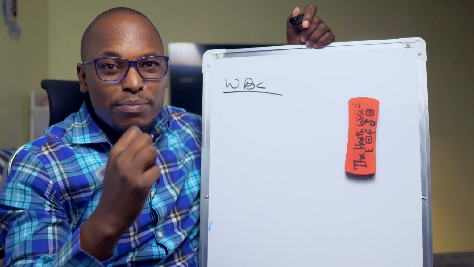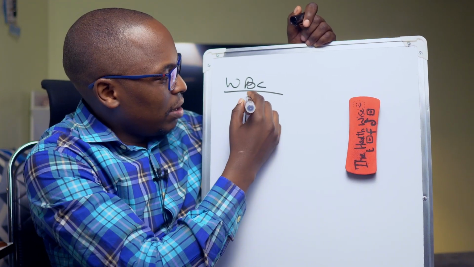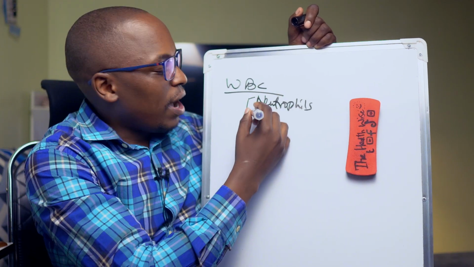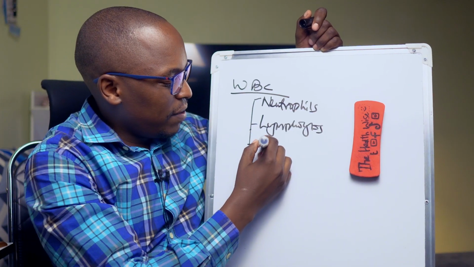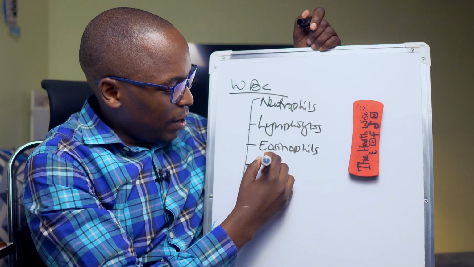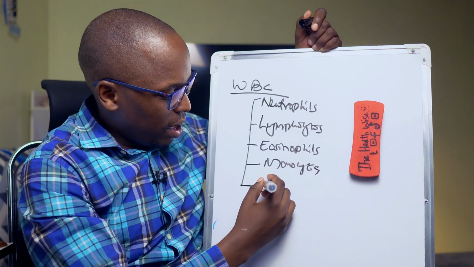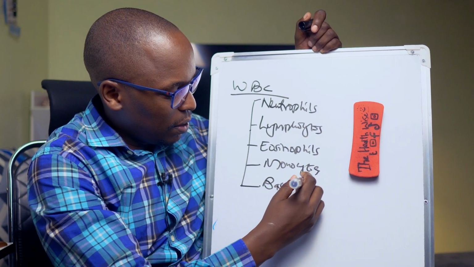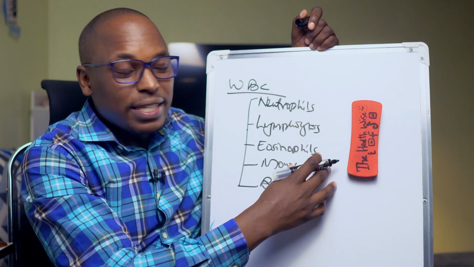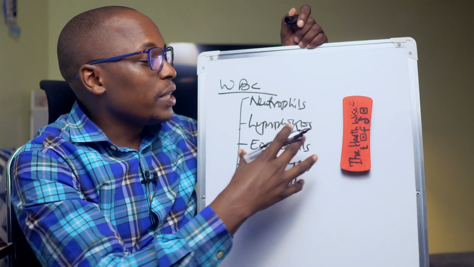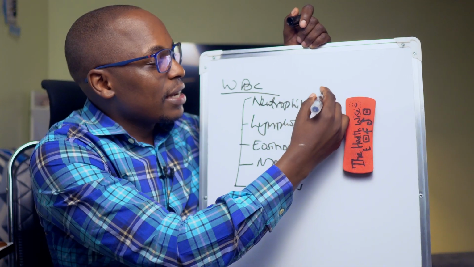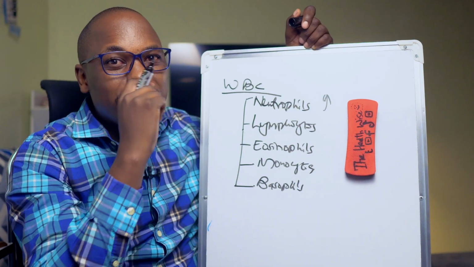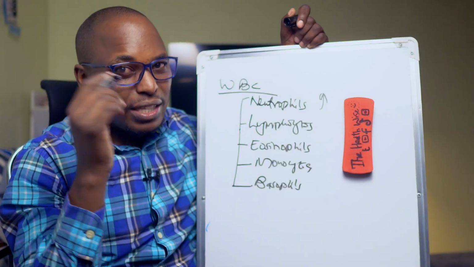We have 5 major categories: neutrophils, lymphocytes, eosinophils, monocytes, and basophils. They are very important. They play specific roles in your body, and either an increase or a decrease in any of these particularly will indicate a certain condition, as you are going to see.